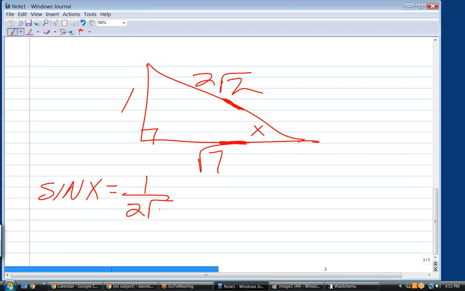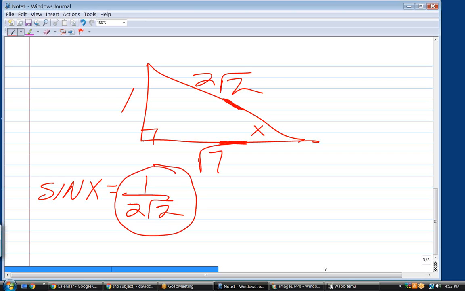Okay. Now, we don't want a decimal answer, despite the fact that if I went into my calculator and asked what the sine of an angle is, it's going to give me a decimal answer. It doesn't give me the radical answer. This is a radical answer.